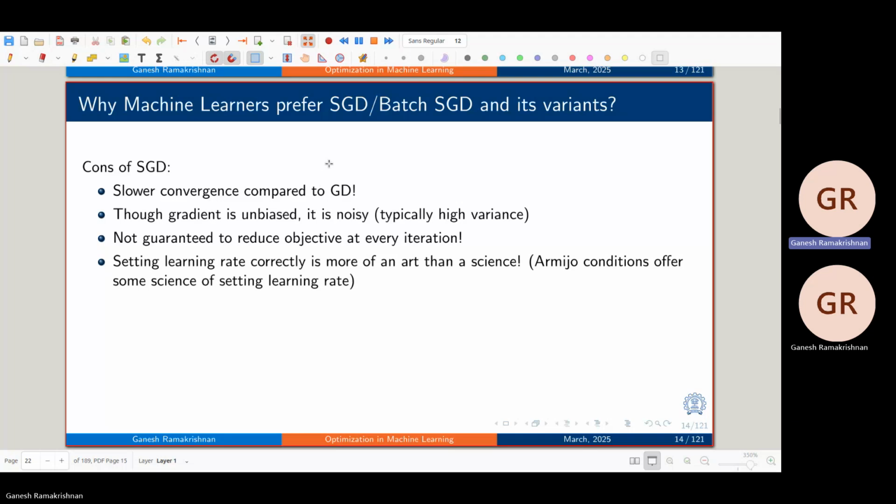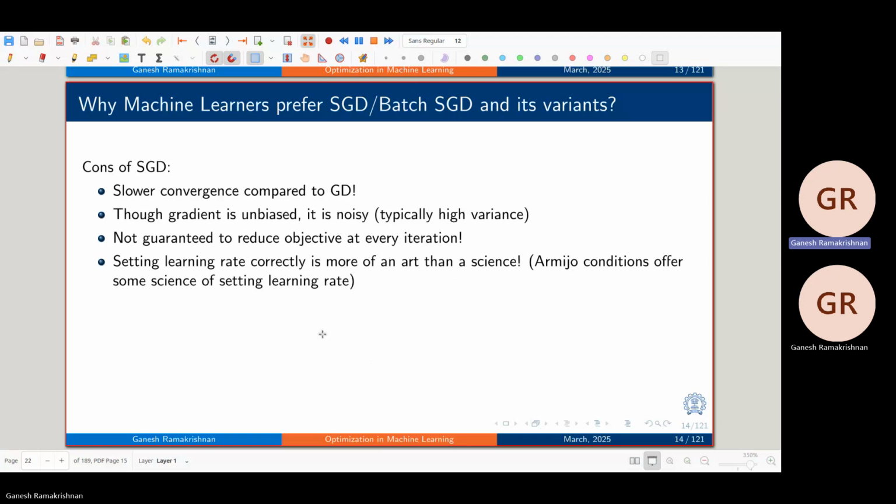And though we keep saying that the gradient is unbiased, it is after all noisy. That's why variance reduction happens through mini batches. But still, there is variance. Mini batches still have more variance than full gradient descent, and the objective is not guaranteed to reduce.